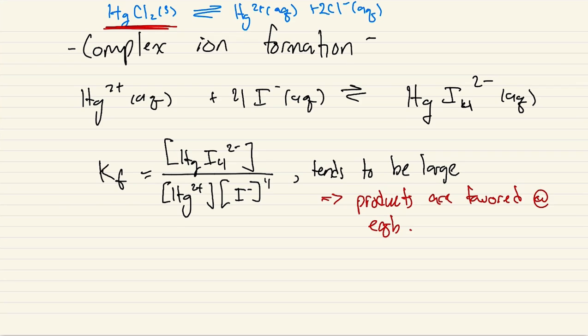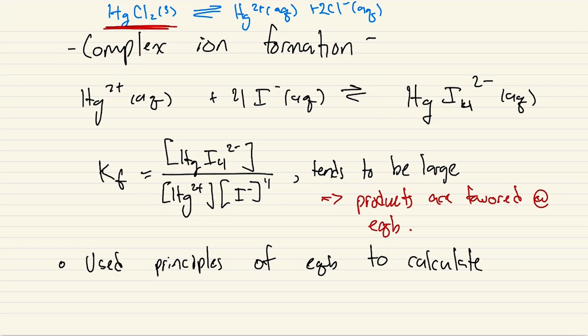Is there a complex ion that's going to be forming that's then making the solid soluble, where in the previous case it wasn't? And so we went over one example where we looked at calculating equilibrium concentrations given initial concentrations and the formation constant Kf for a complex ion, right? So we used our principles of equilibrium to calculate equilibrium concentrations given initial concentrations and Kf.